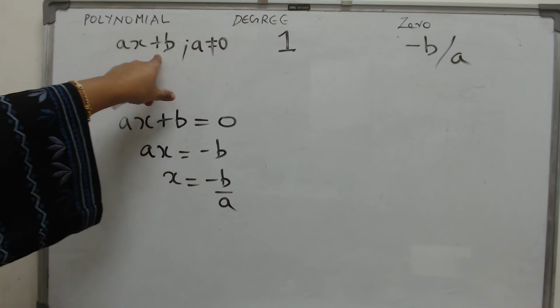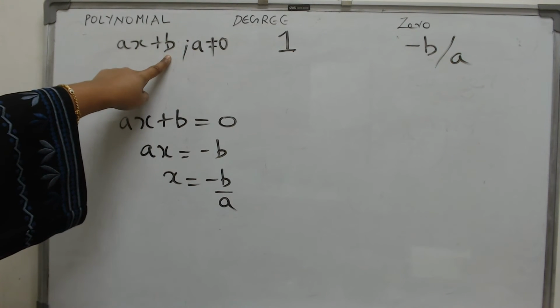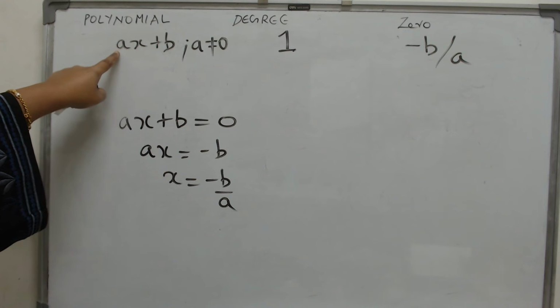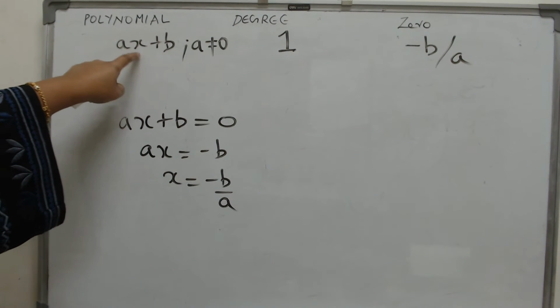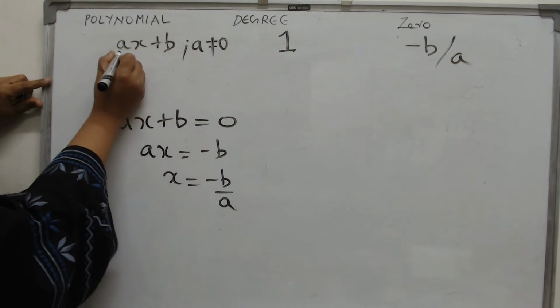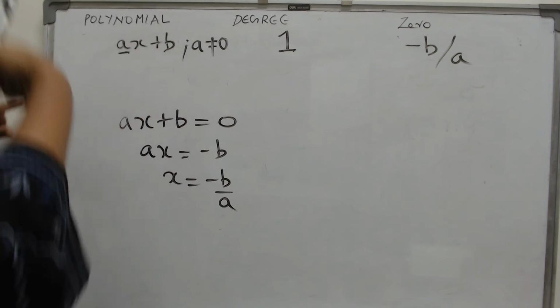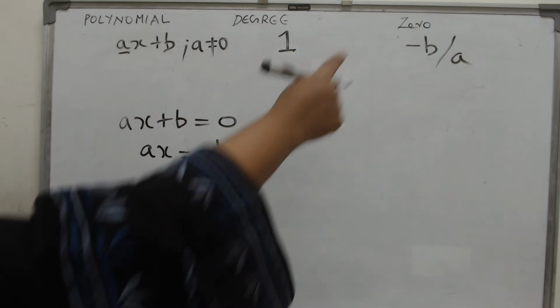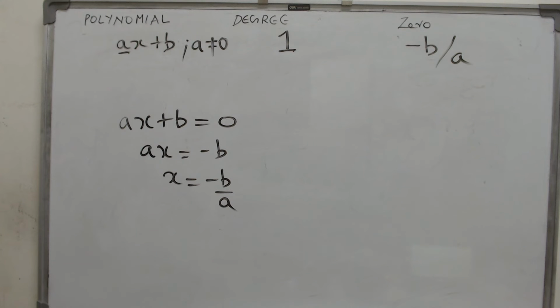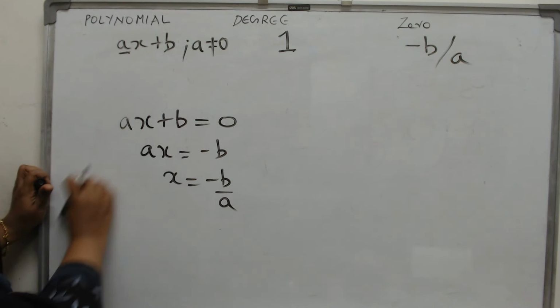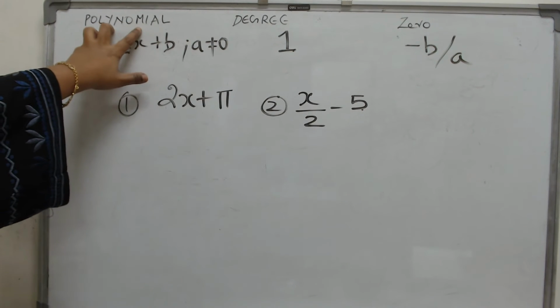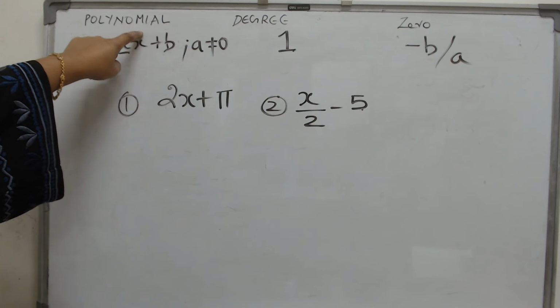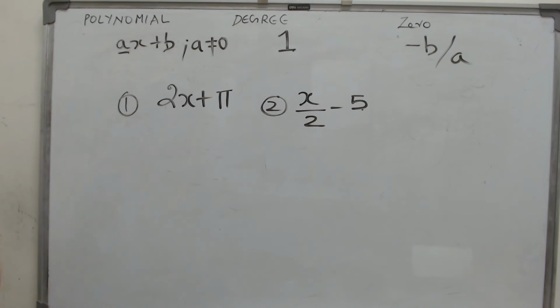Its 0 is the minus of the constant term into the reciprocal of the coefficient of x. What is the coefficient of x? This. Take its reciprocal. 1 by that will give you the 0. Now, this is a standard form. For any polynomial of degree 1, its 0 is given by minus b by a.